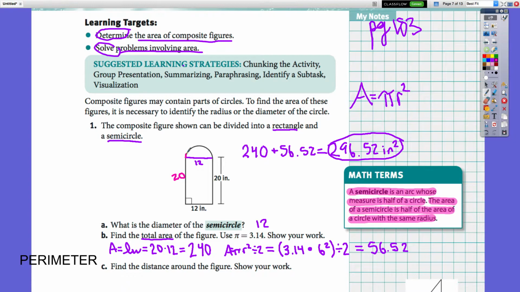How am I going to find the length of the semicircle? Well, again, if a semicircle is half a circle, let's find the circumference.